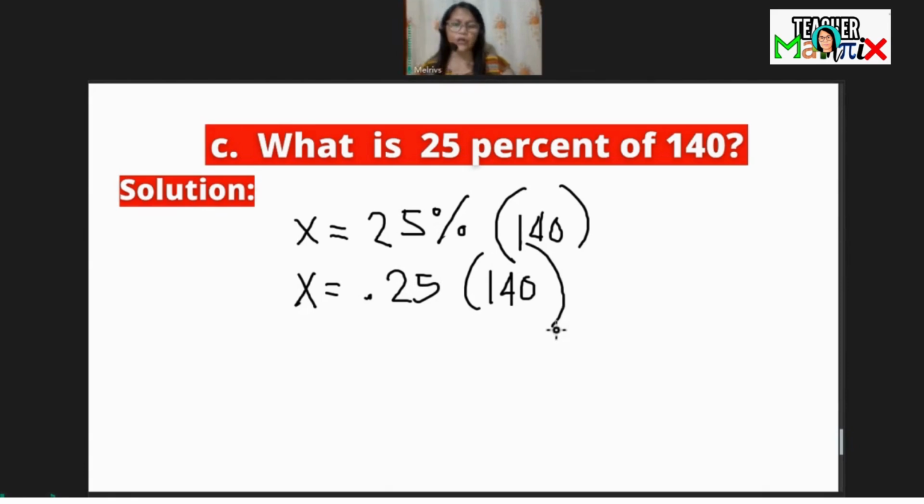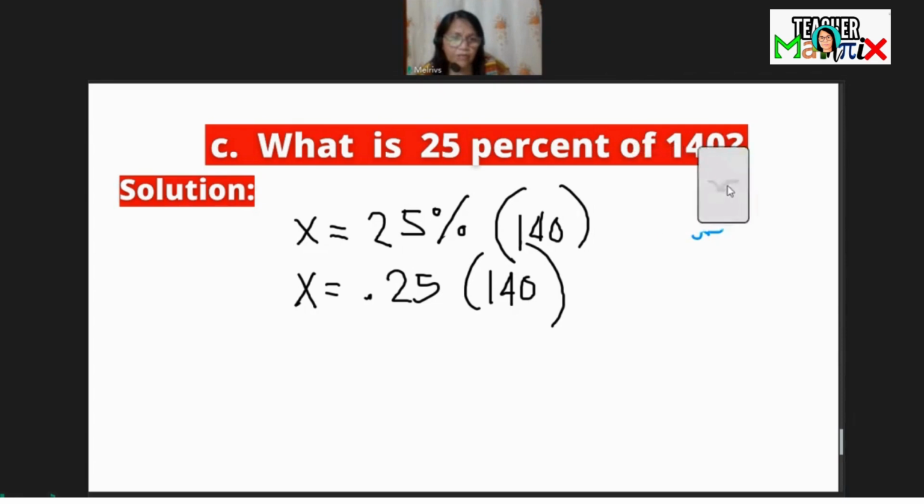Let's multiply manually. Let me choose the blue color. 140 times 0.25. Let me erase this so that you will not be confused anymore.